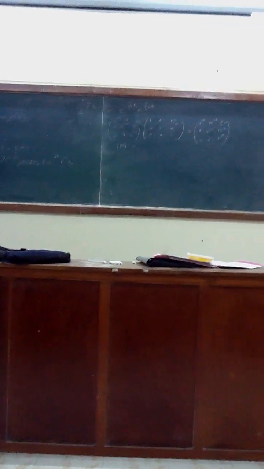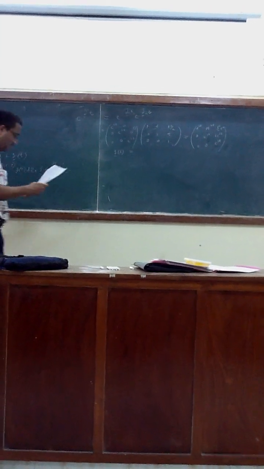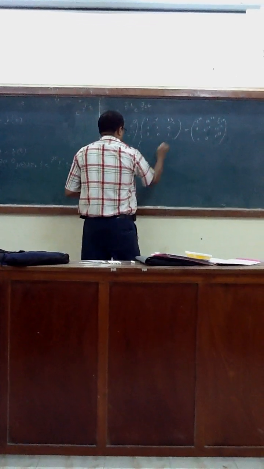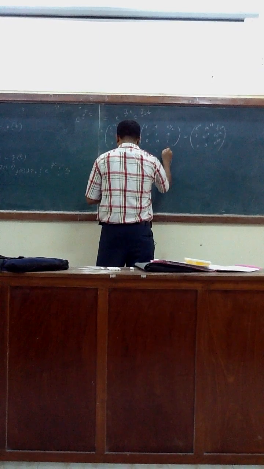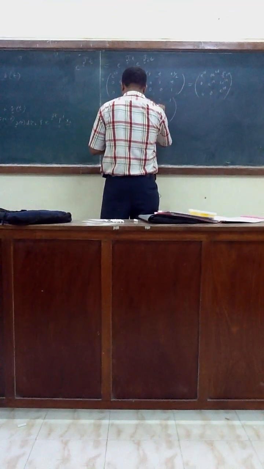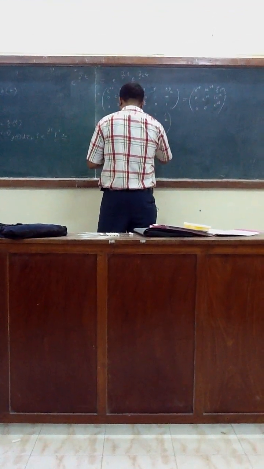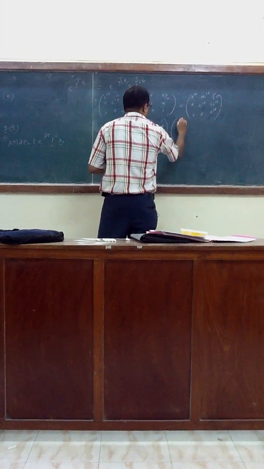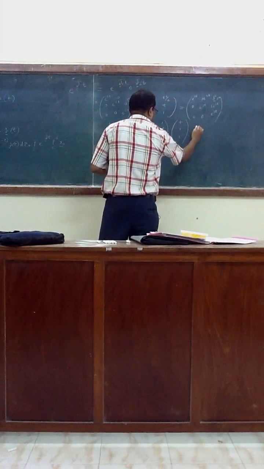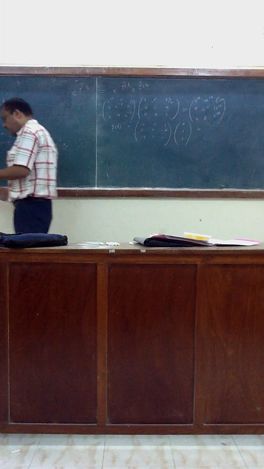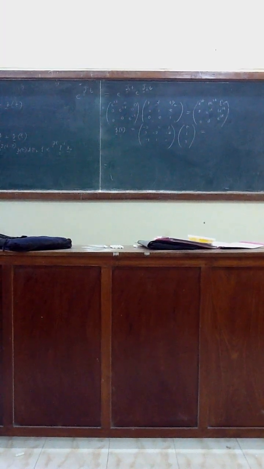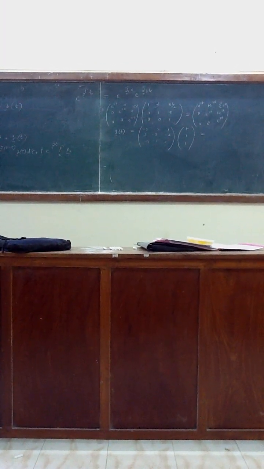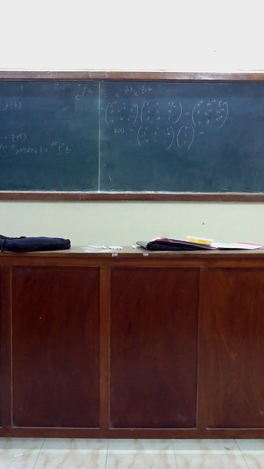B is t, 1, 1. Excellent. So g(t) is P inverse, minus 2, 1, 3, minus 2, minus 2, minus 1, 1, 1, and t, 1, 1. How much will it be, calculation wise?